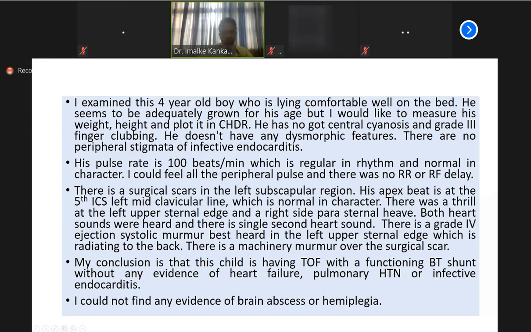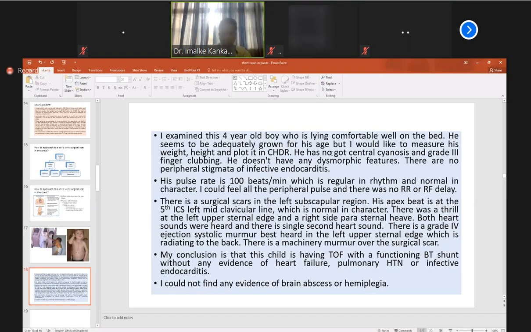So I examine this 4-year-old boy who is lying comfortably on the bed. He seems to be adequately grown for his age, but I would like to measure his weight, height and plot them on the chart. He has central cyanosis and grade 3 finger clubbing.